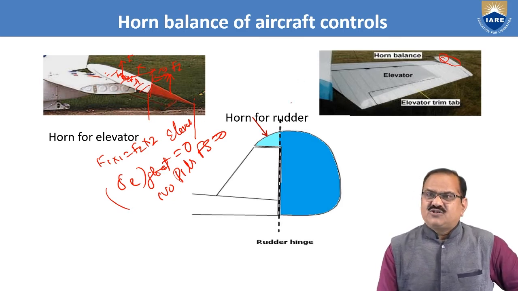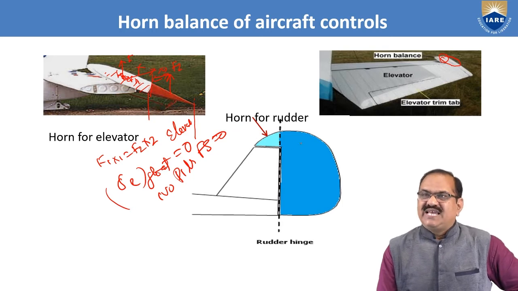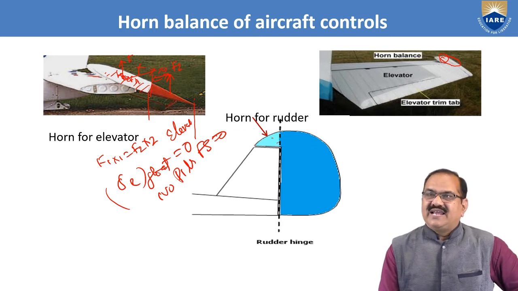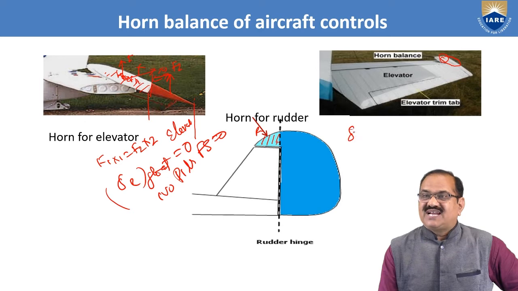This is also in the rudder. If you see, this is the rudder, and here also this is called the horn. If you move left it will go right, and if you move right it will move left. So it also makes the rudder float, that is called delta R float. This makes Fs 0 for the rudder control.